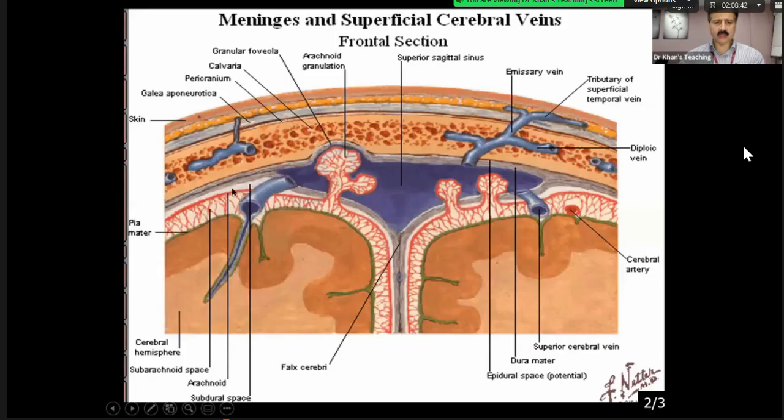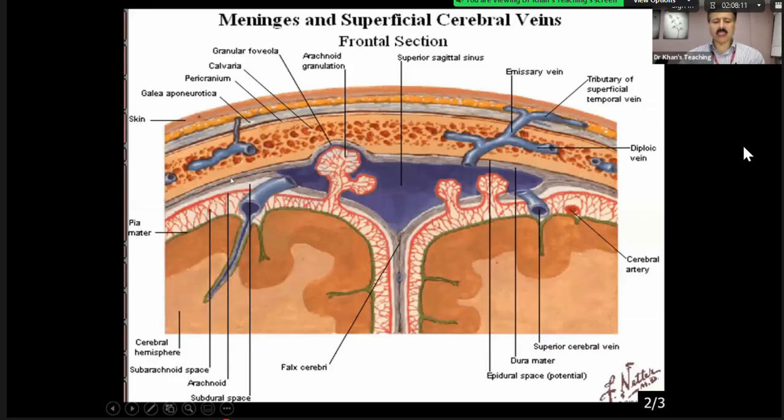On the other hand, the subdural space, which is shown in this white color, is just a potential space. Some vessels of course traverse through it, but there are no significant contents. Point to remember is that a subdural hematoma cannot cross the midline because it will go along the falx. And this is an important concept for you to remember.